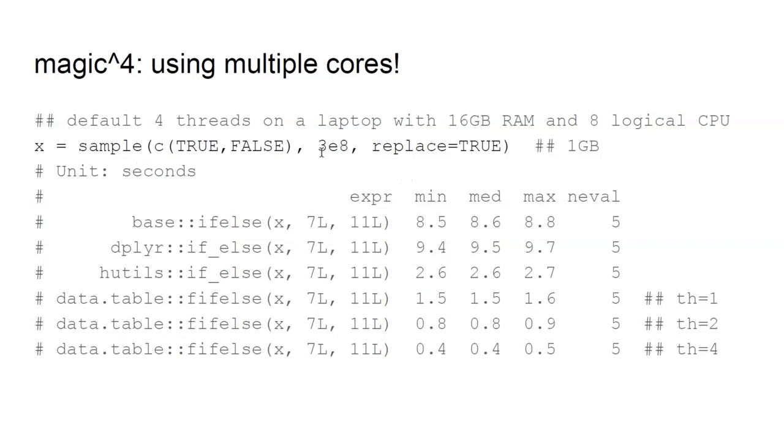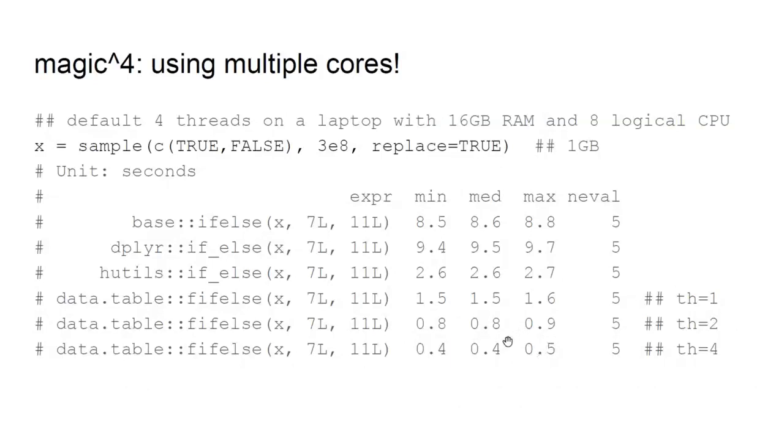We have 300 million true or false values, and it's a 1 gigabyte variable. And there is a benchmark using base R, dplyr, and data table, three different types, using a single thread, 2 threads, or 4 threads.